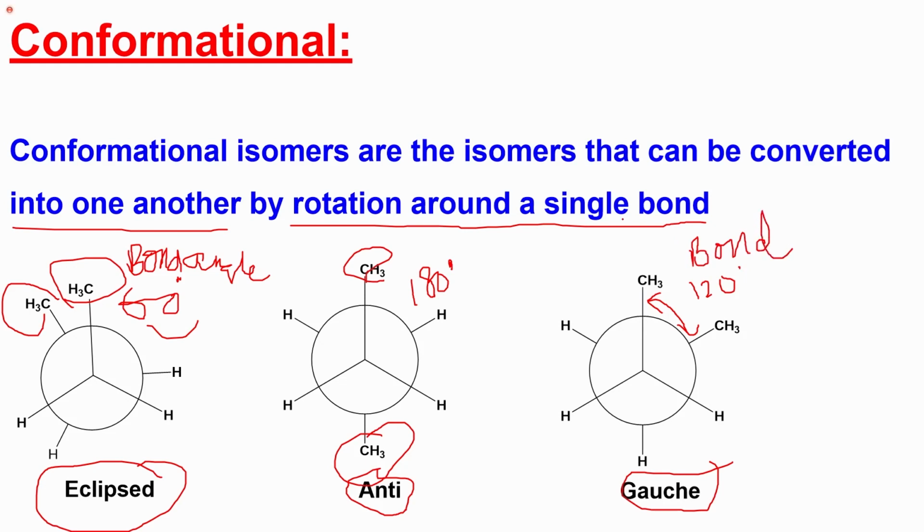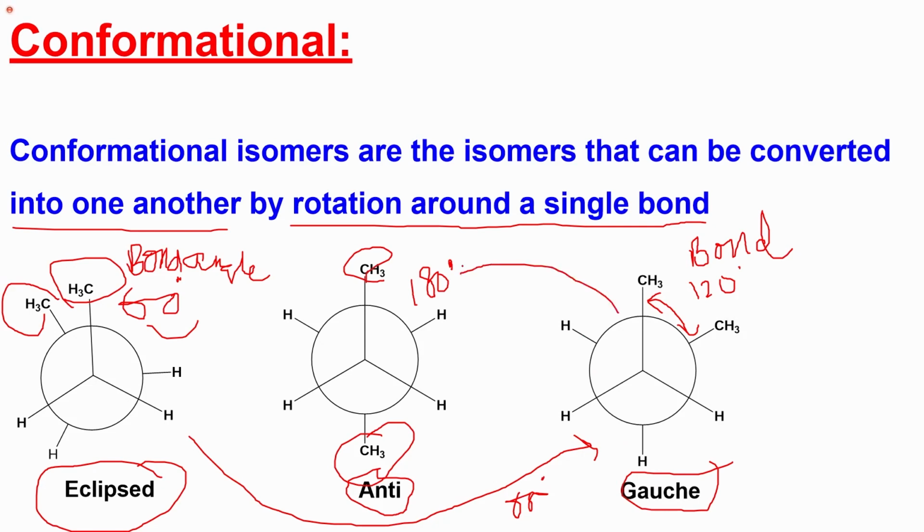So conformational isomers can be converted into one another by rotation. Let's say this is the eclipsed one. If you rotate by 60 degrees, you'll get the gauche isomer.